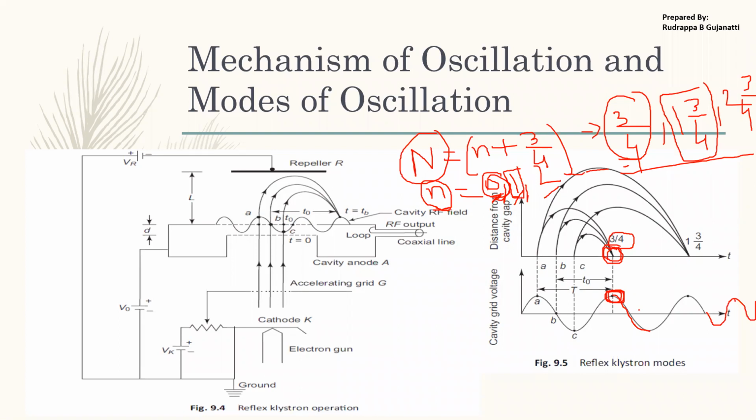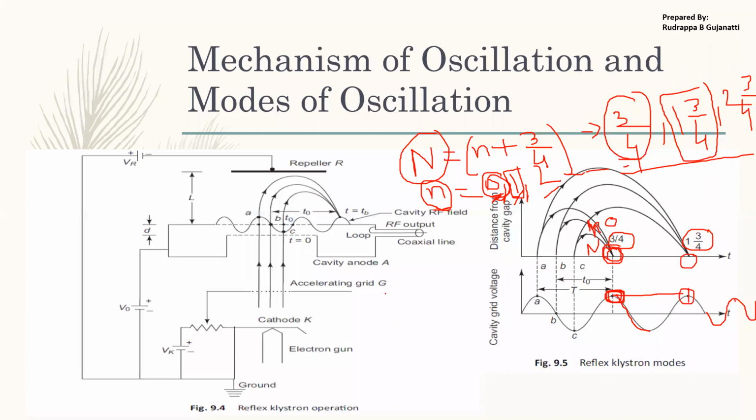This is the 0th mode if I'm referring to lowercase n, and it is 3 by 4 when I'm referring to capital N. The next possible mode is available at the next positive peak. If the bunching happens at this point, I'll get the 1 3 by 4 mode.